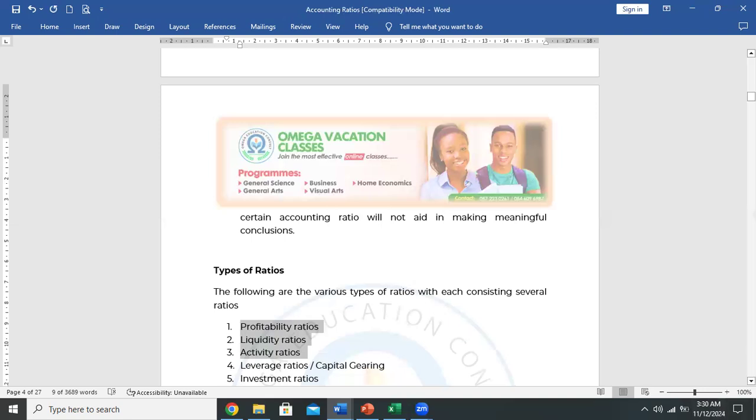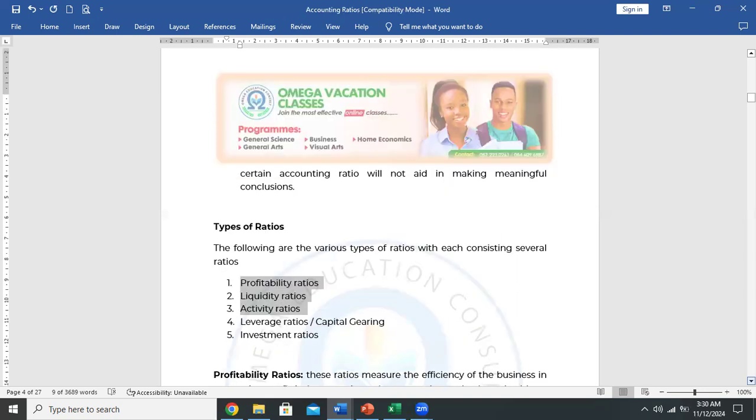So, profitability ratio: note this, that the essence of calculating the ratio is to measure efficiency. Is the business efficient, as in, is the business doing the right things? When it comes to profitability, you want to check if the business is efficient in generating profit or income.